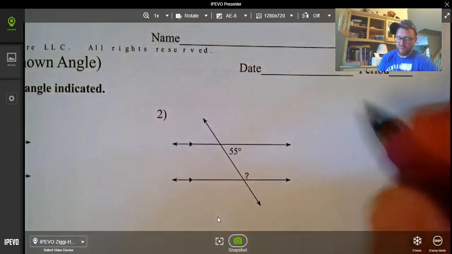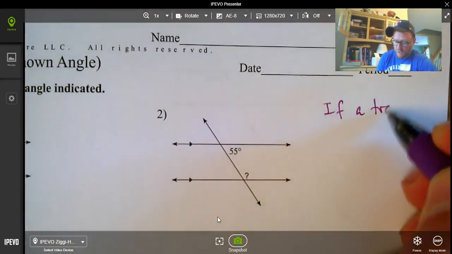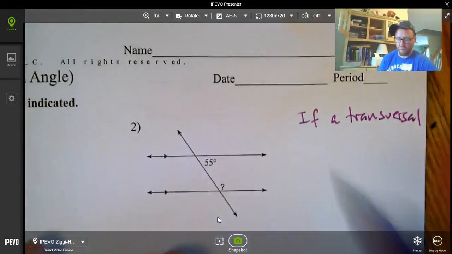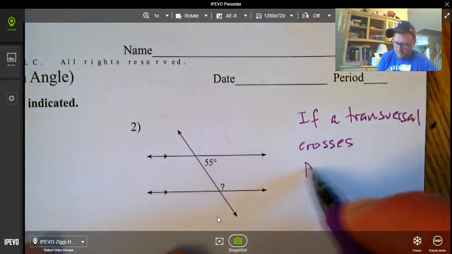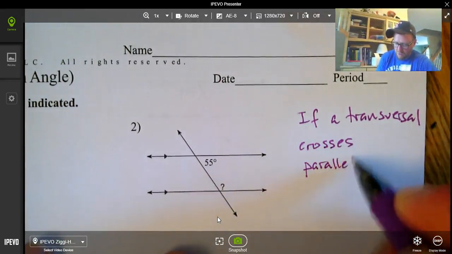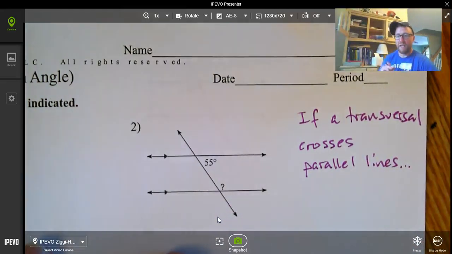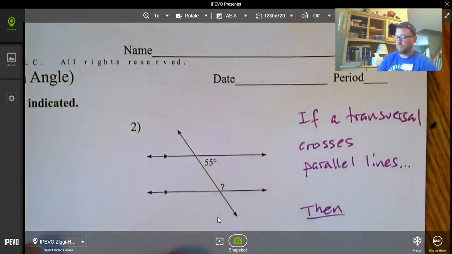If a transversal crosses parallel lines, then we know the following things are true, okay?